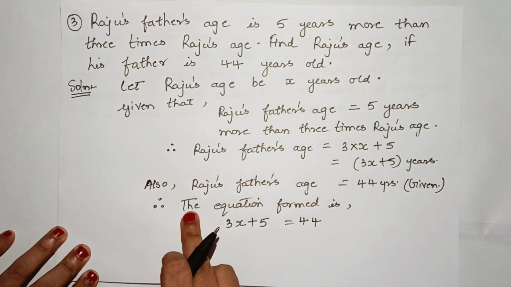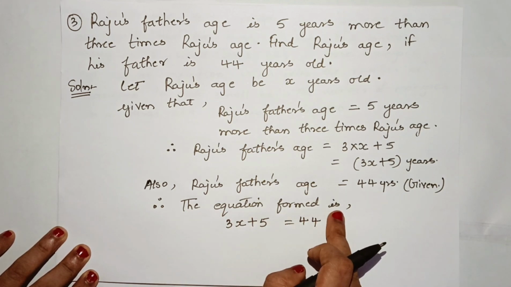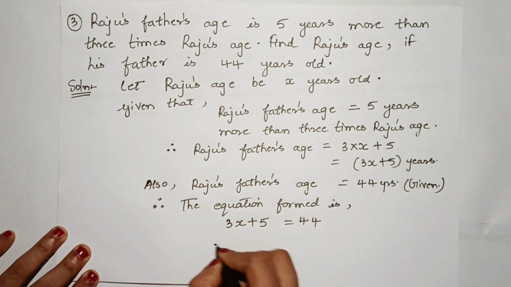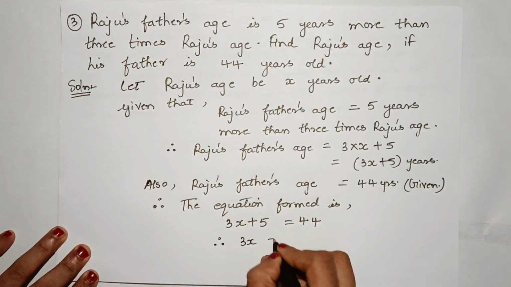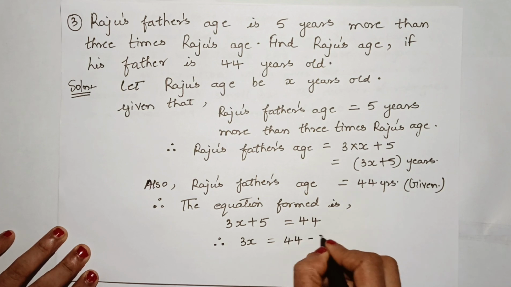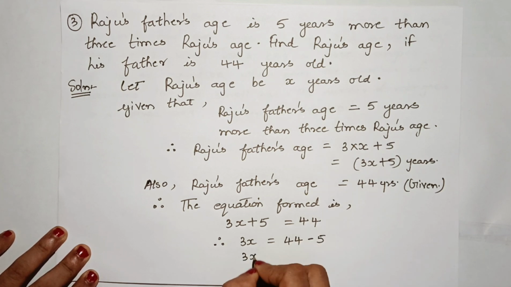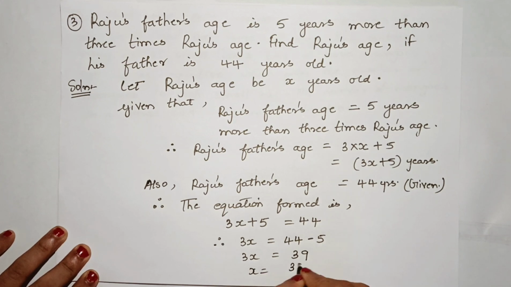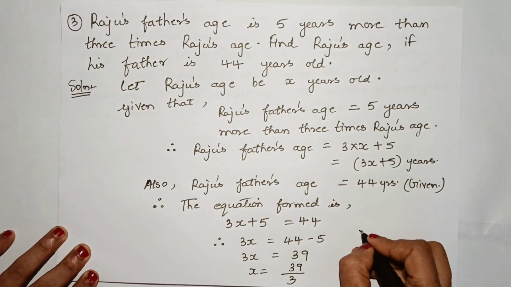Transposing method. In place of therefore the equation formed is, you can write therefore according to the given question. Therefore 3x equals 44 minus 5. 3x equals 39. x equals 39 by 3.